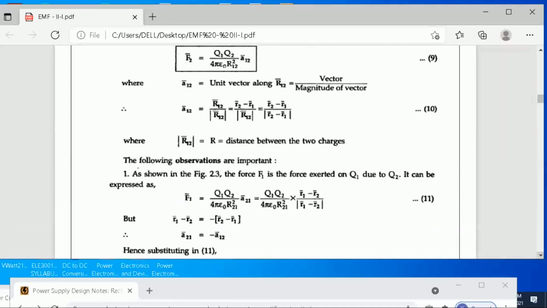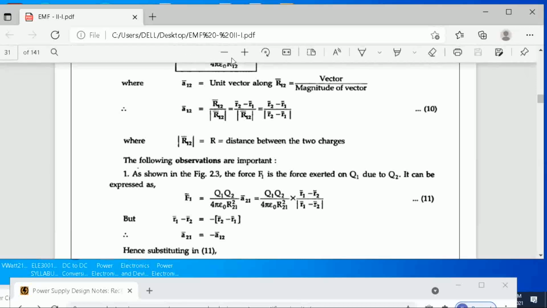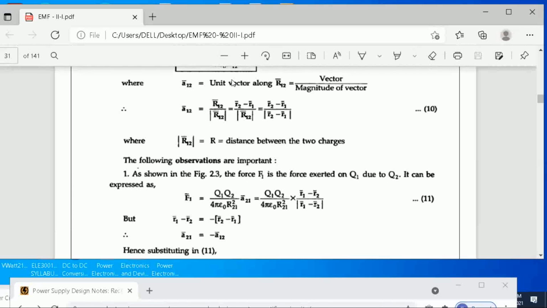So this is the F2, the force exerted on Q2 due to Q1.